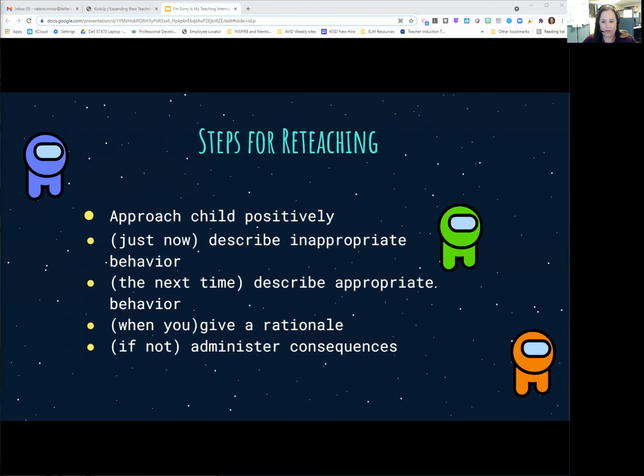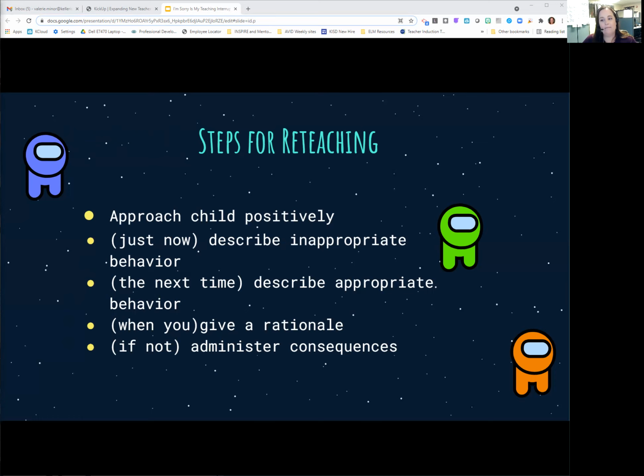So the first thing you want to do is just approach the child positively, just like you would do if they didn't understand a concept you were working on in class. And so you follow the script. "Just now," and describe the inappropriate behavior. "Just now, you threw paper across the room." Okay. The next, "next time," you want to describe what you would like them to do.